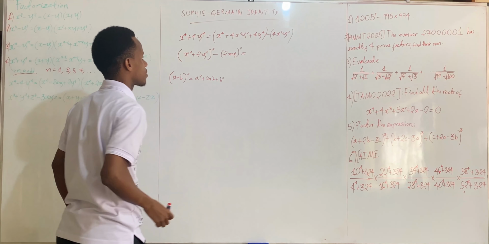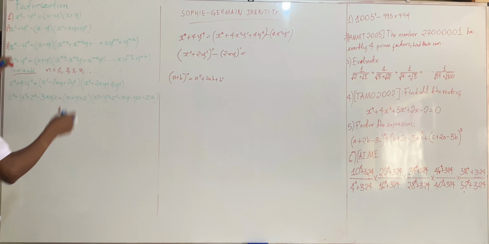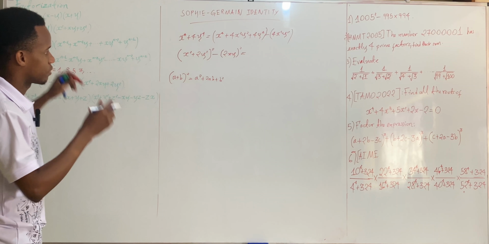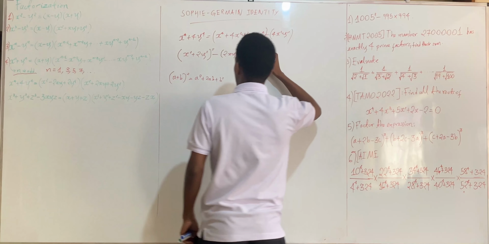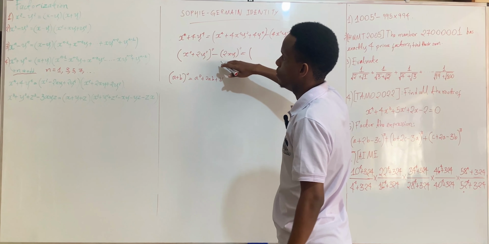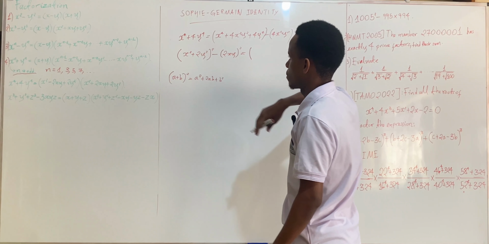So again, in this case, we will try to invoke the first factorization identity, which is the difference of two squares. So you have the first term minus the second term, then the first term plus the second term.